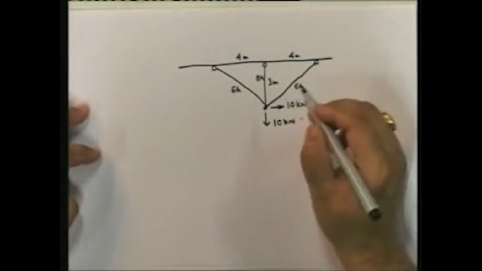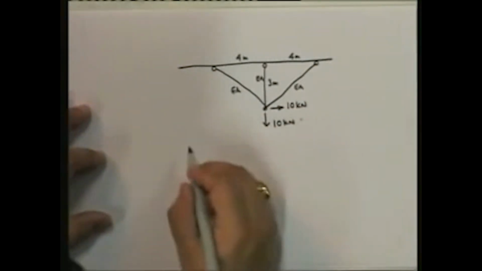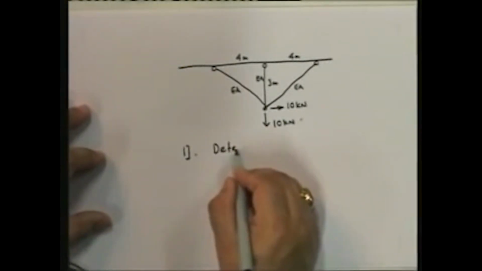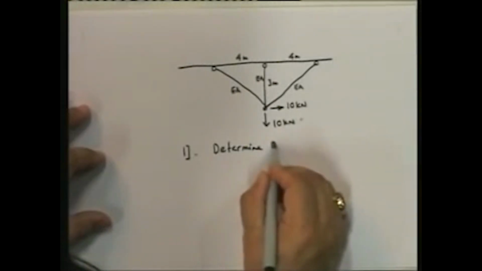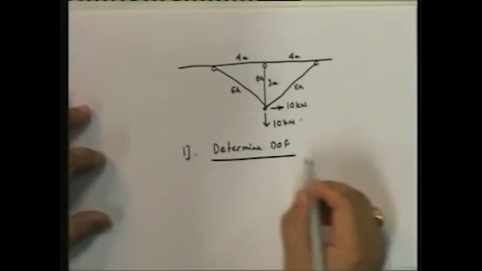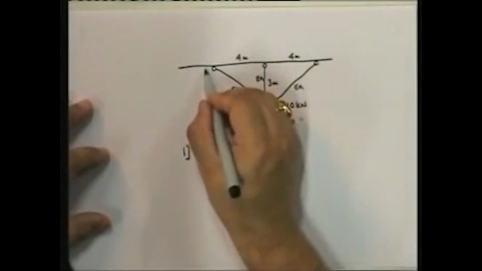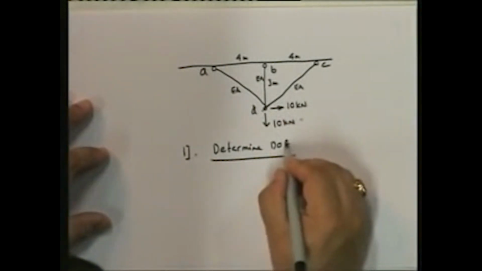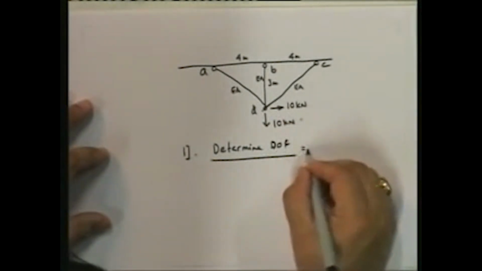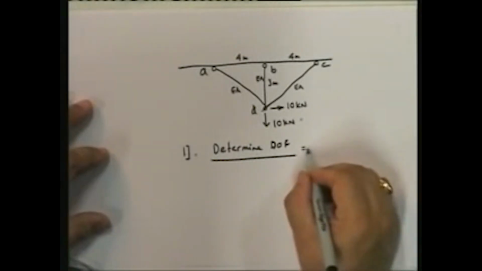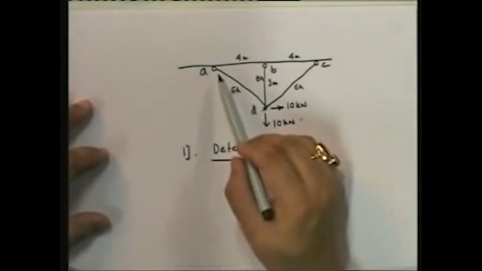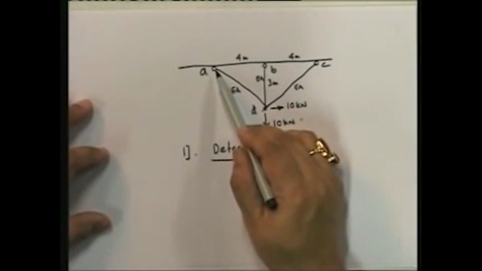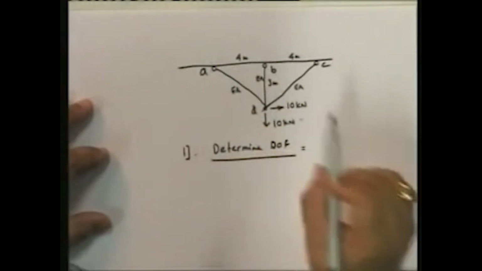So how do you use the displacement method? Let's go through the steps. First, determine the degrees of freedom. How many? I have A, B, C and D. Remember that when you have a truss member, you do not have the rotation, so you only have two displacements per joint.